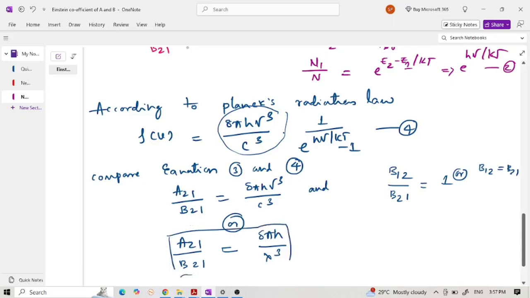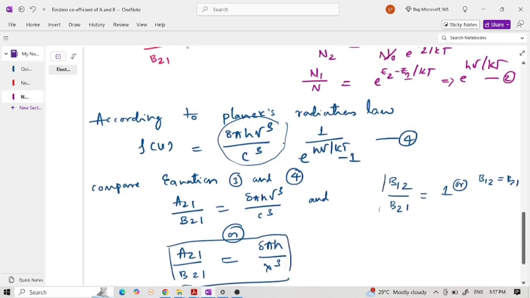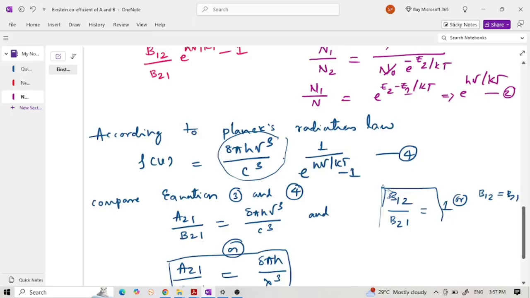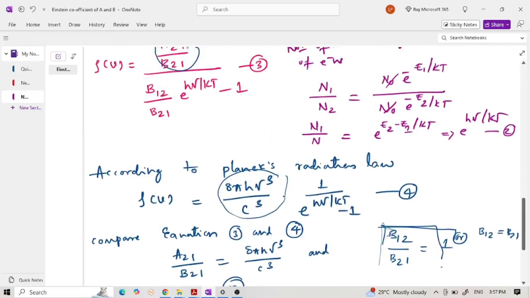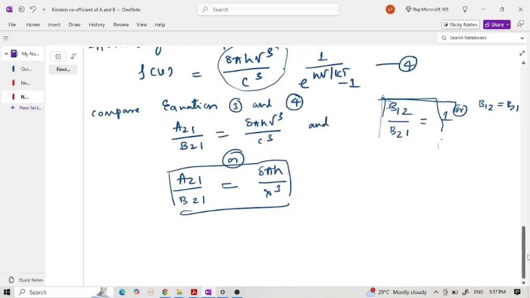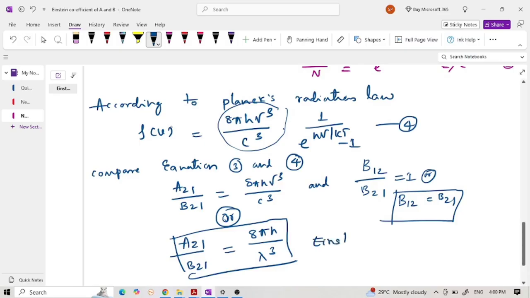So these equations are the Einstein coefficients of A and B. Thank you.